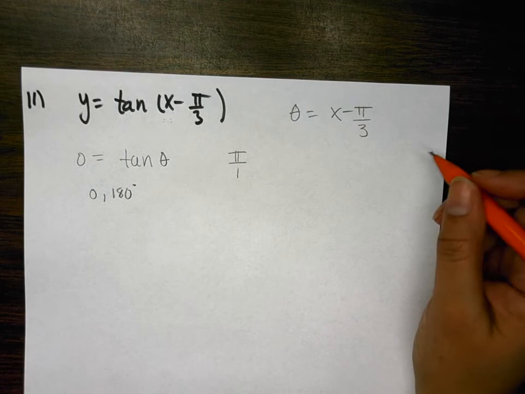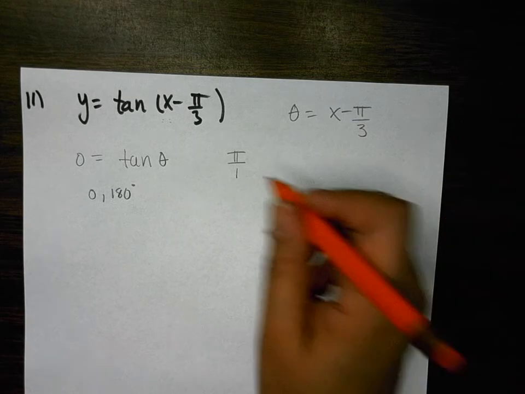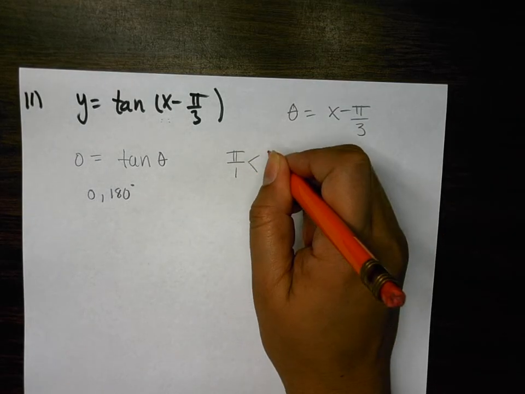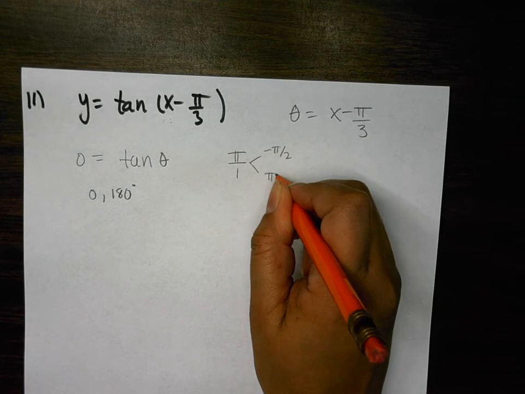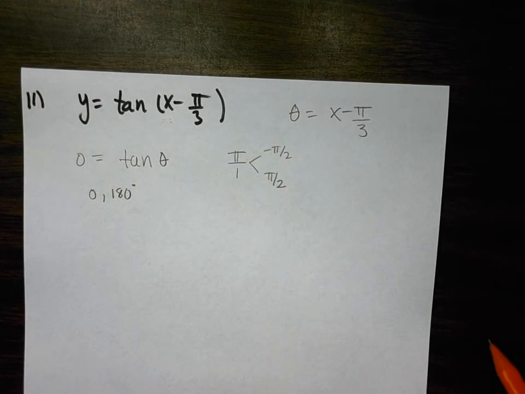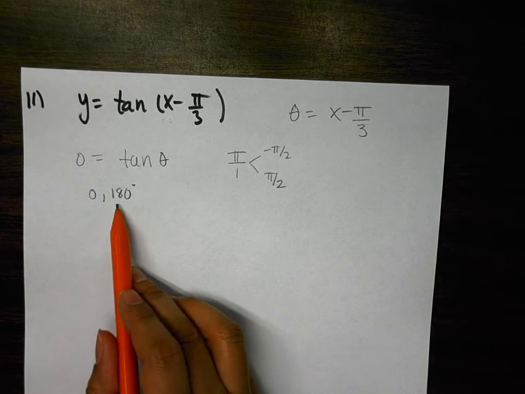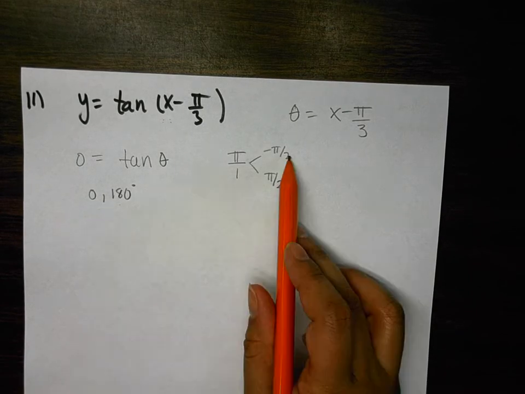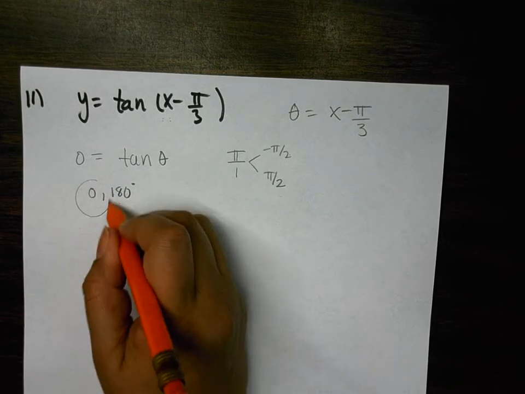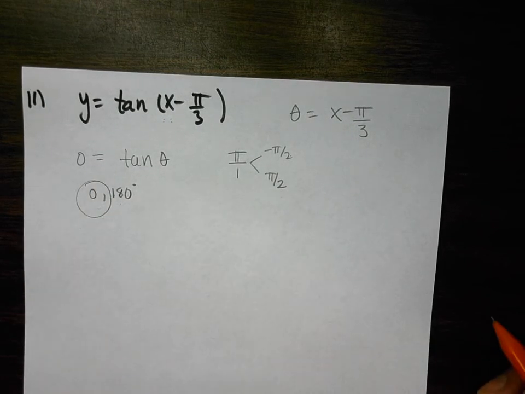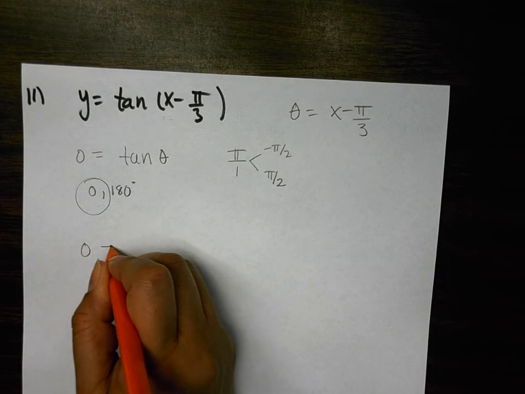And what's b? And when you split it, it goes between negative pi over 2 and positive pi over 2. So which answer would I be using? What is between negative 90 and positive 90? Just the 0. Do you guys see that?